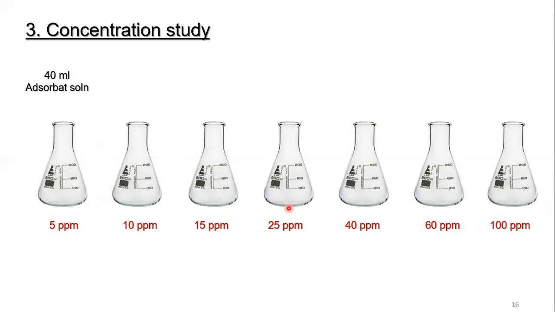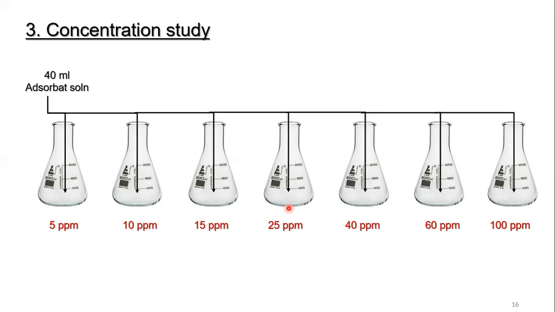And the second point, for the concentration study, you need to put in your adsorbate material. For example, if you are using arsenic, that is arsenic solution: 5 ppm solution, 10 ppm solution, 15 ppm solution, 25 ppm, 40 ppm, 60 ppm, and 100 ppm.